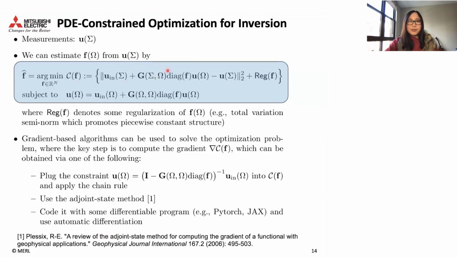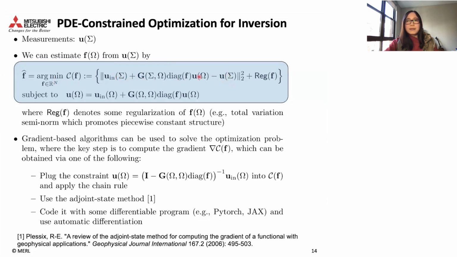we call the PDE-constrained optimization problem. So recall that our measurements are only the total field at the sensor locations, which we know that we can compute in this way if we know the correct permittivity contrast F. And that's why we want to minimize this cost.